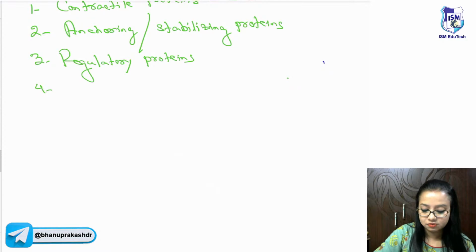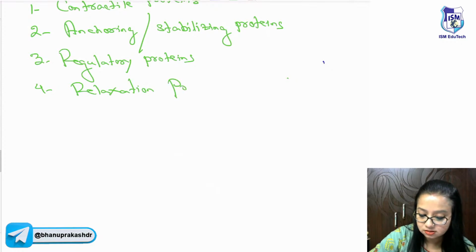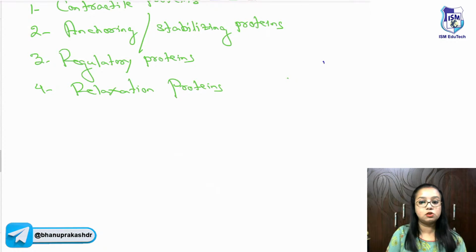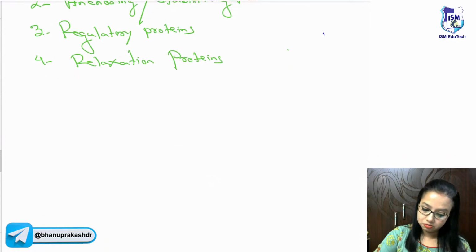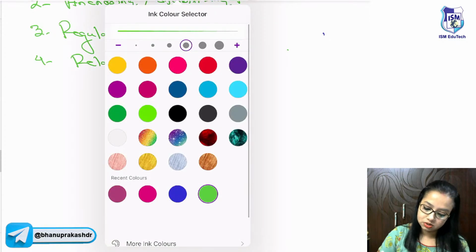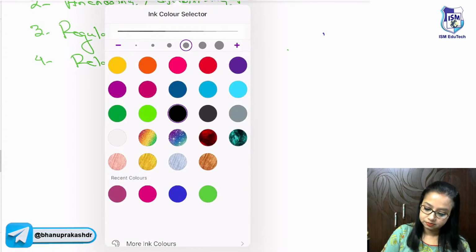Okay. And fourth, we have the relaxation proteins. These are the four types of proteins that are present in a skeletal muscle. We go into them one by one.